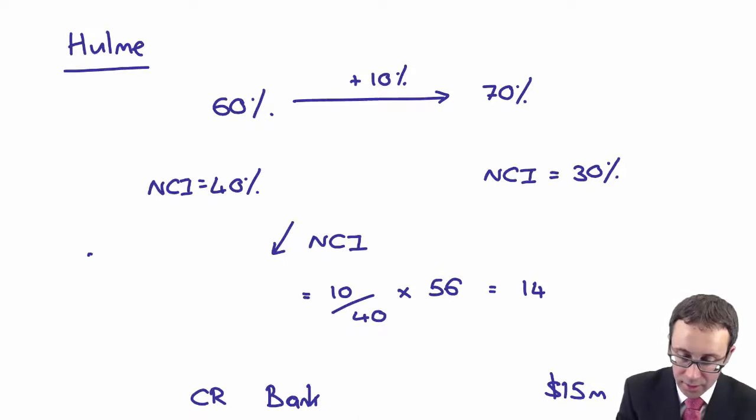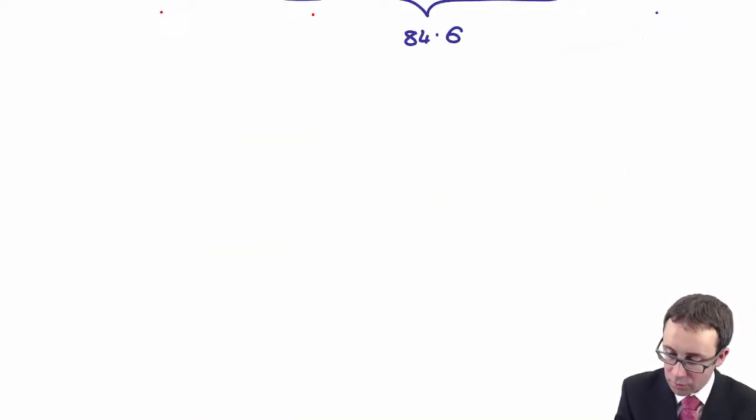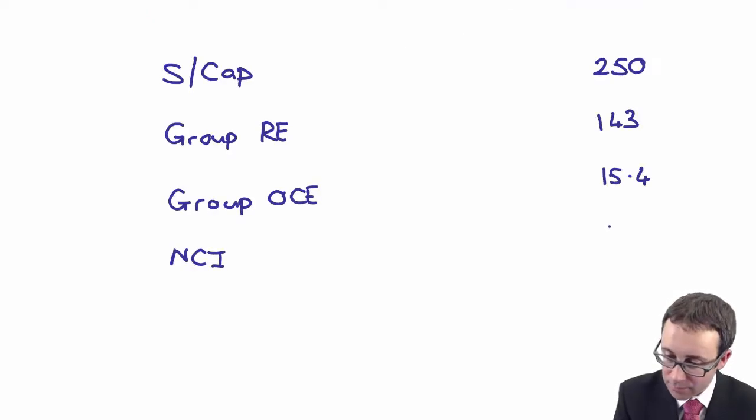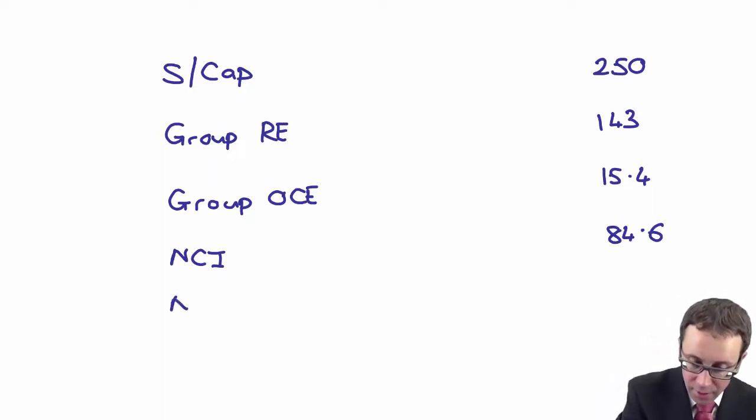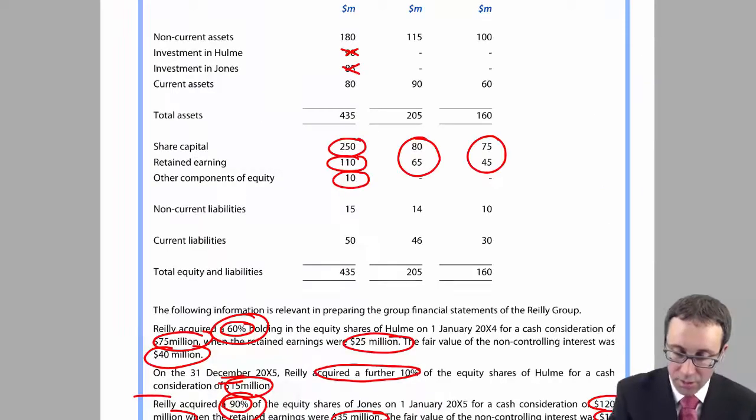Your non-controlling interest after all of your adjustments was 84.6, wasn't it? The other bits you've got are for your non-current liabilities and current liabilities. So non-current are 15, 14, 10.